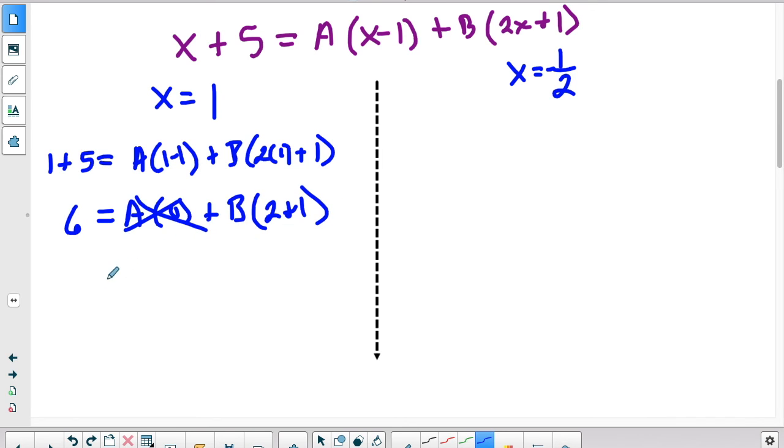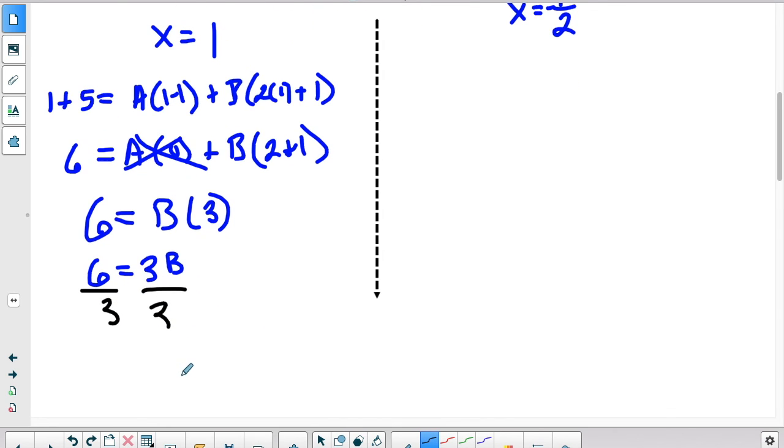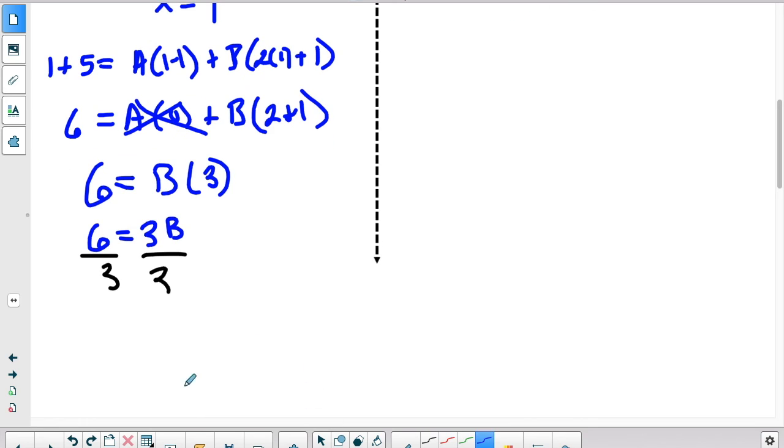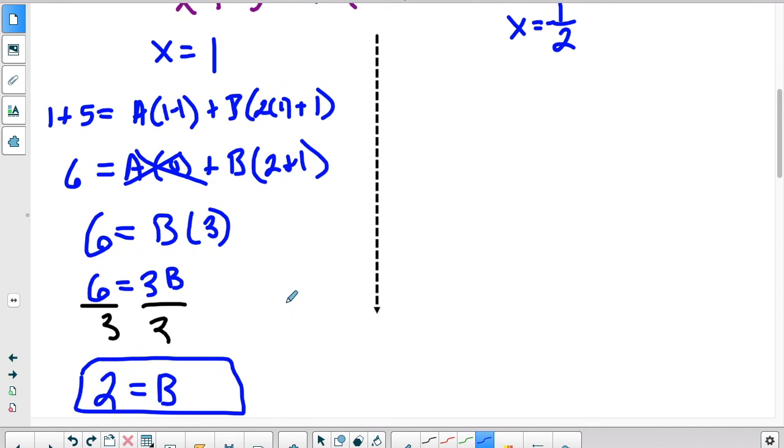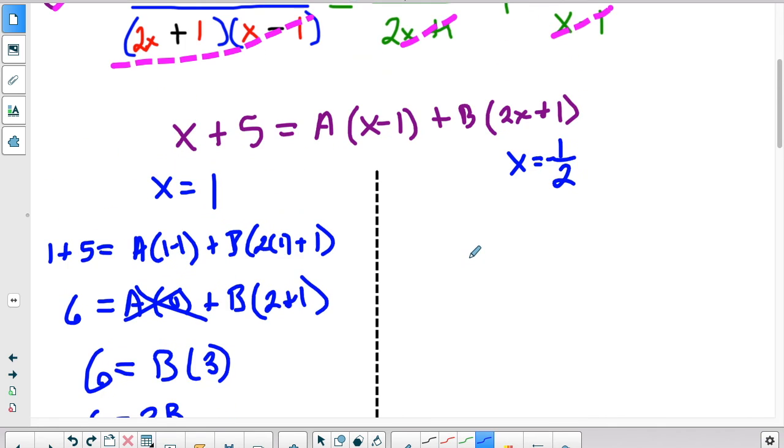Well, a times 0 is just 0. It's gone. So we get 6 is equal to b times 3. So 6 is equal to 3b. At this point, we can divide both sides by 3, telling us that b is equal to 2. So we have one of our two letters solved for. We solved for the value b.